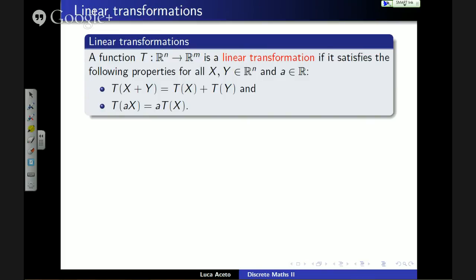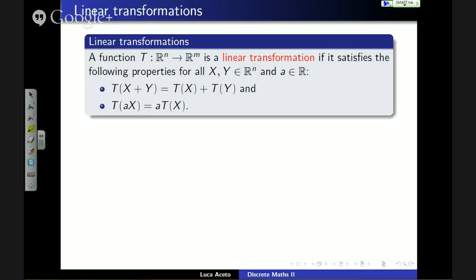Well, in order for a function to be linear, it has to be the case that if you feed it with the vector x plus y, you can compute the value recursively. You thought you'd forgotten about recursion? Well, you haven't. There it is. If you want to compute T applied to x plus y, you compute the value of T fed with x, the value of T fed with y, and you sum the results. That's not always true.